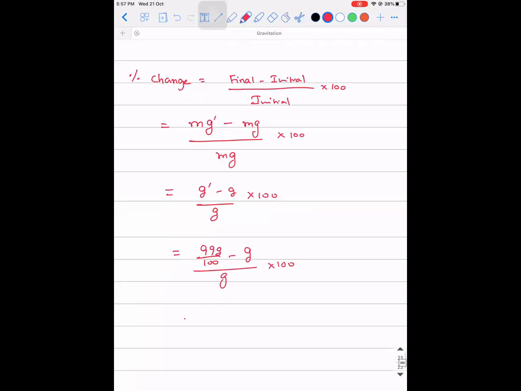So what will you get? It is minus 1%. So there is a 1% decrease in the weight of the object. The minus sign indicates that there is a decrease in value.